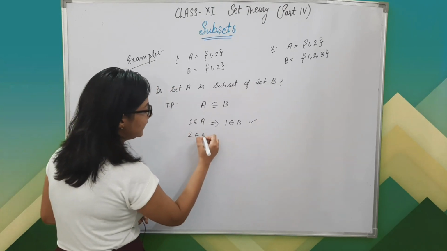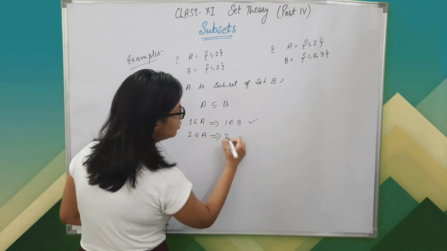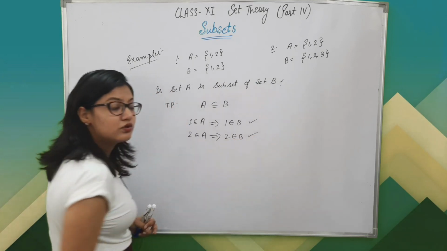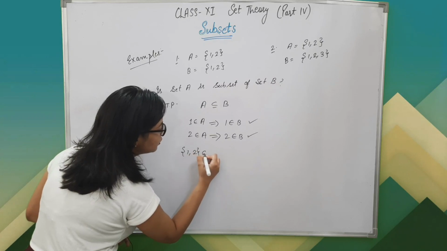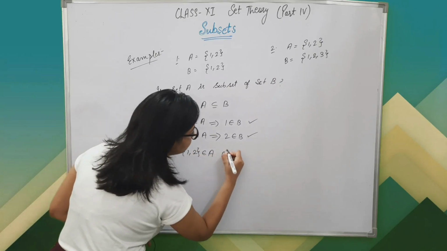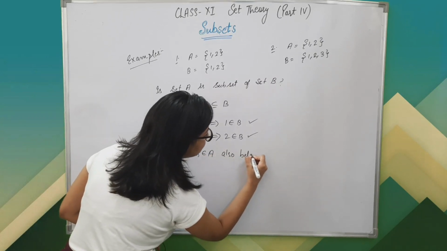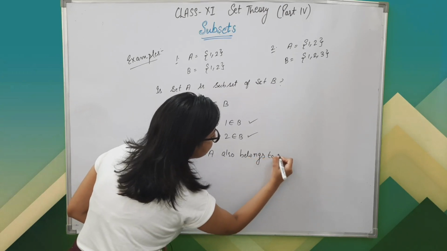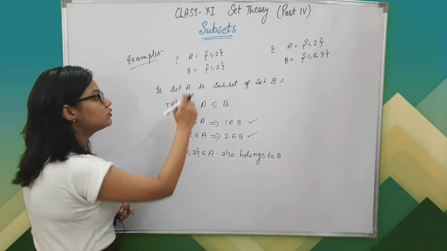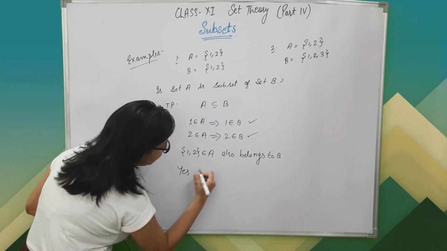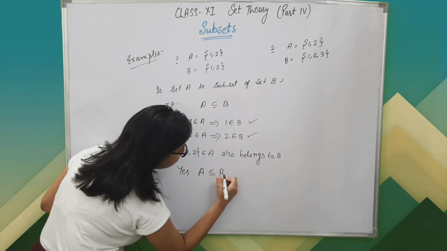And 2 belongs to A, also implying 2 belongs to B. This is also correct. That means every element which belongs to A also belongs to B. Your definition is applied here. So you can say yes, A is a subset of B.